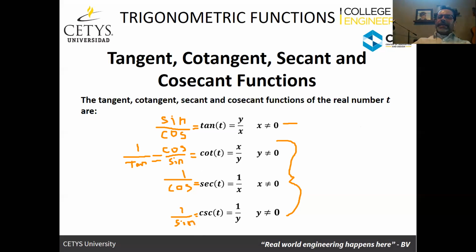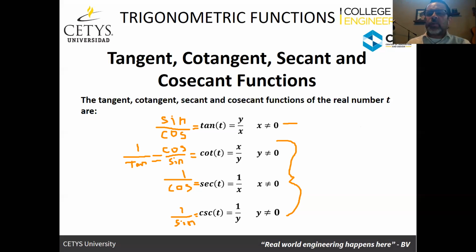And these are going to be the basic trigonometric functions that we're going to be using. These relate all of the different combinations that can occur between x, y, and the hypotenuse in the right triangle that is formed by the angle t.